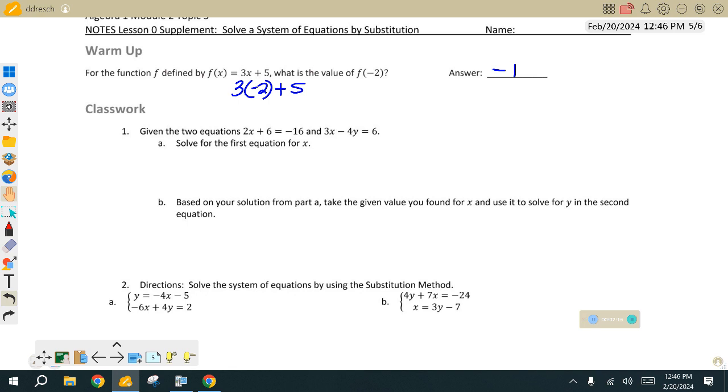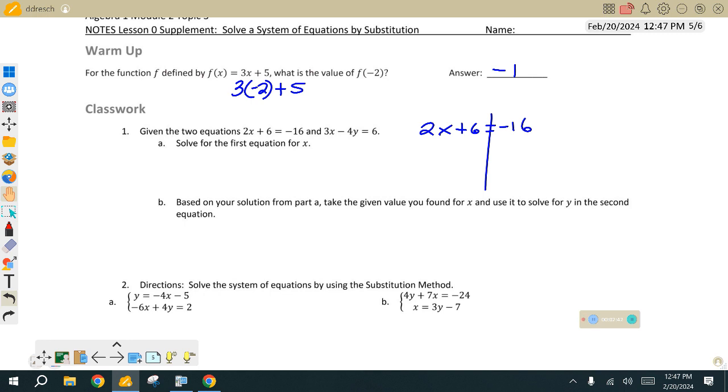Okay, next part. Let's take the first equation and solve it out for x. So take that first equation off to the side. 2x plus 6 equals negative 16. Everybody, let's take a quick minute and use your solving skills and go solve it out.